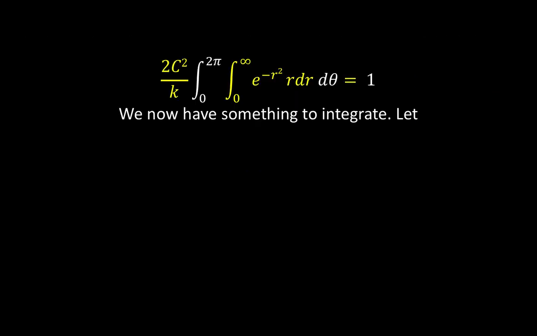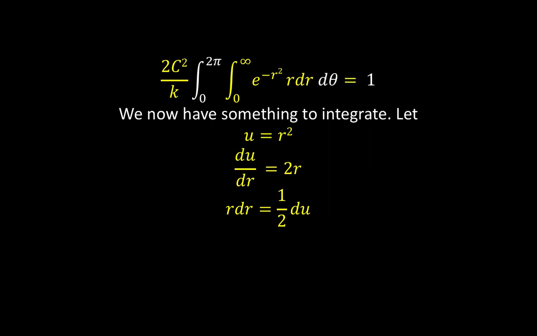And so at this point, we now have this integral in the polar coordinate system, and this is something that we know how to integrate. So let u be equal to r squared. It follows therefore that du over dr is equal to 2r, and r dr is equal to 1/2 du.